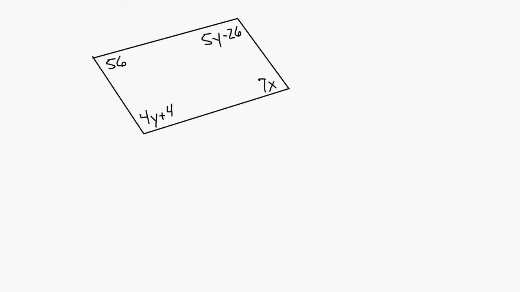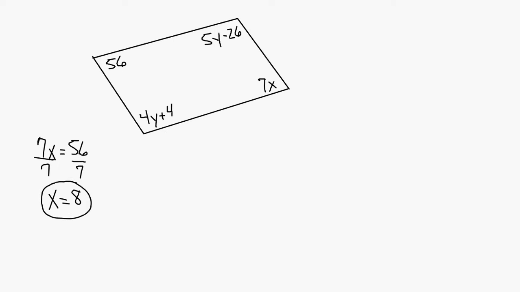So for this shape to be a parallelogram, doesn't 56 have to equal 7x? Opposite angles have to be congruent. So 7x would have to equal 56. And if you divide each side by 7, then x is equal to 8.